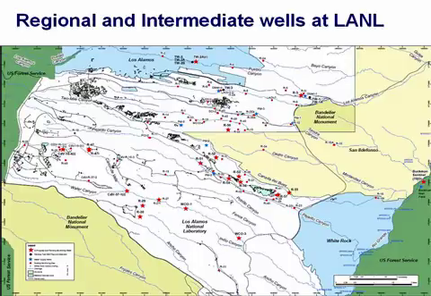I'll be talking about this later, but all these wells are sited based on numerical models and other considerations which are used to guide where to put these wells. So this is an important aspect of our environmental management modeling activities.